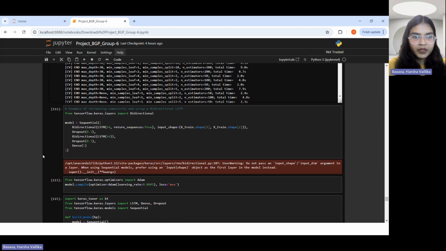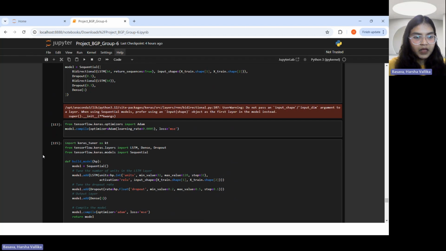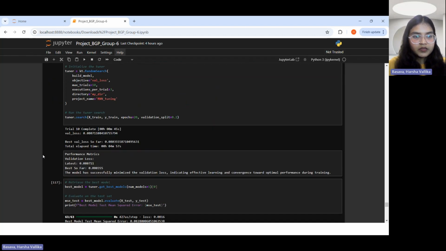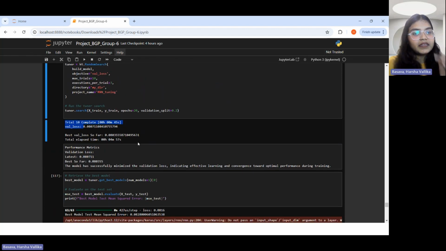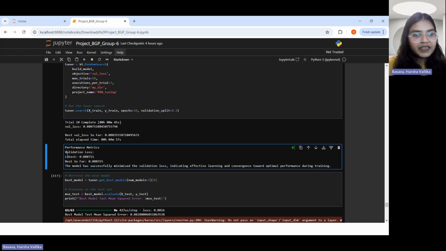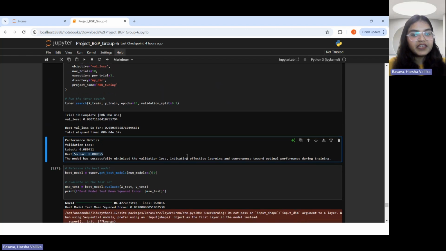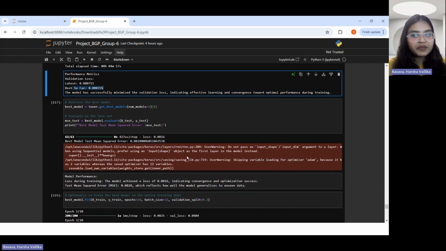And here we go. So the performance metric, if you see, trial 10 is complete, we have started tuning it. And if you see the validation loss, the latest was 0.08, and the best so far was 0.08 that we have got. So it minimized the validation loss, indicating effective learning and convergence toward optimal performance during training.